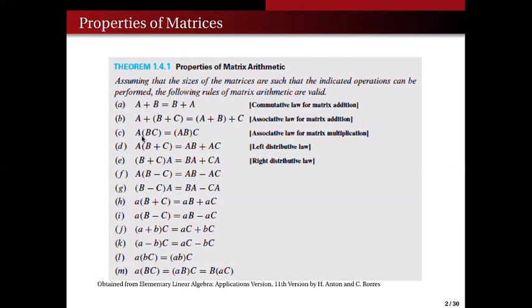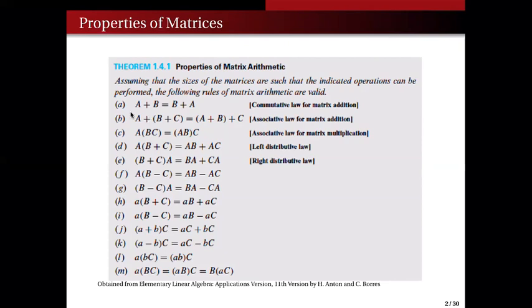If you multiply matrices, you are assuming that the number of columns of the left factor must be equal to the number of rows of the right factor. So the operations on the matrices must be valid.